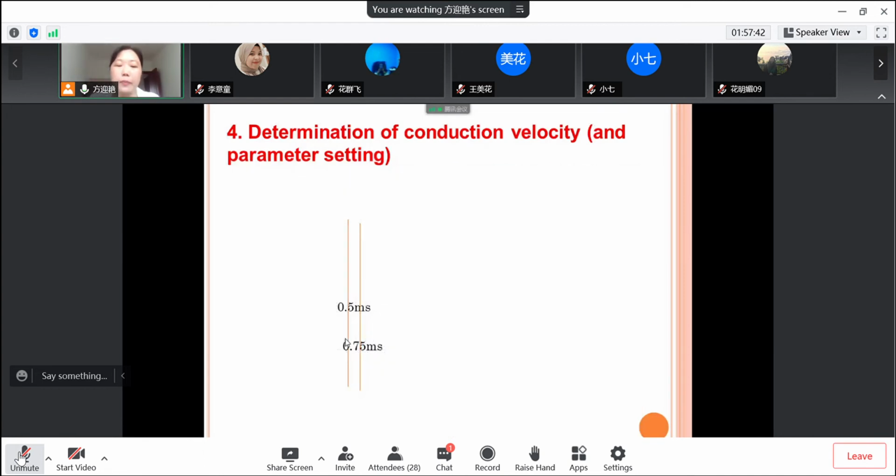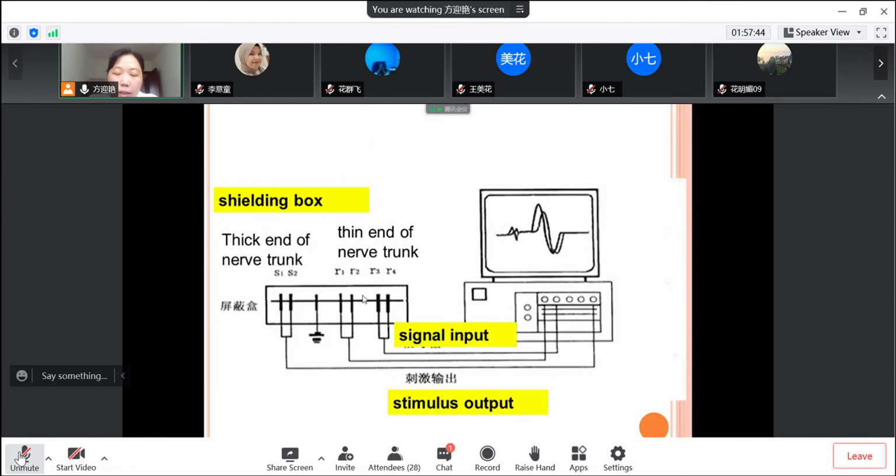It means that this action potential conducted to channel 2 should spend 0.75 microsecond. Yeah.